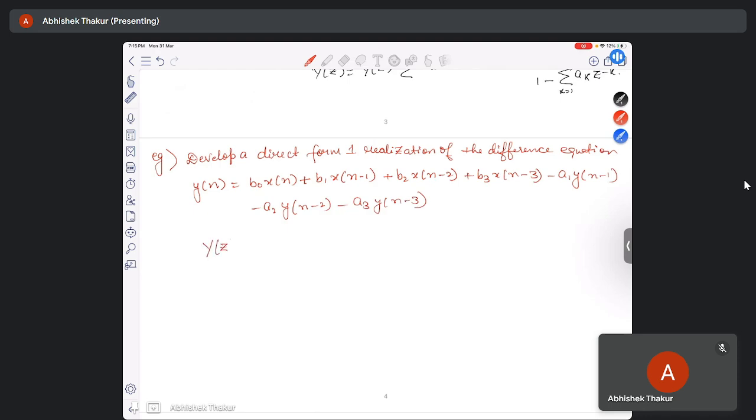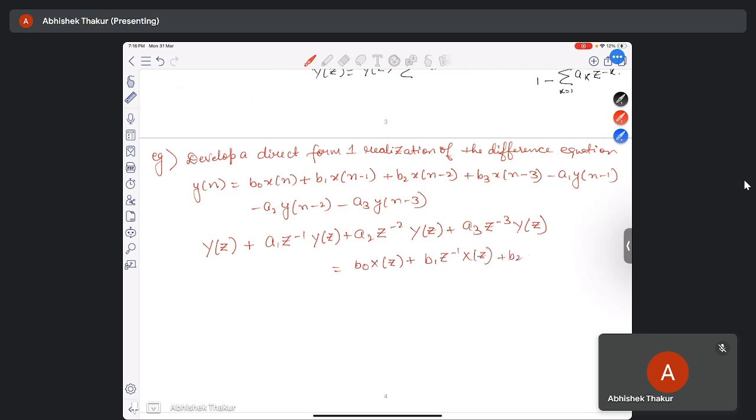We will get y of z plus a1 z inverse y of z plus a2 z to the power of minus 2 y of z plus a3 z to the power of minus 3 y of z, and this will be equal to b naught x of z plus b1 z inverse x of z plus b2 z to the power of minus 2 x of z plus b3 z to the power of minus 3 x of z.